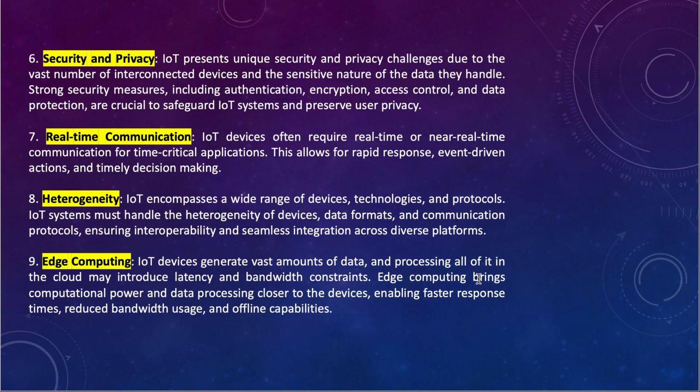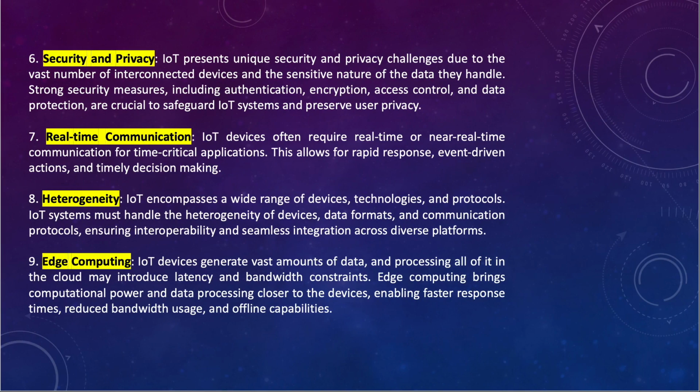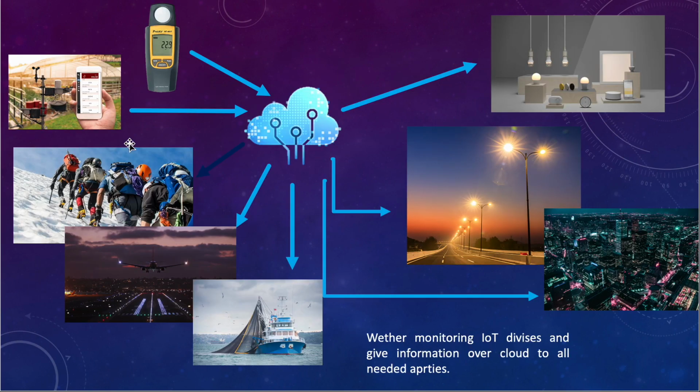Then heterogeneity, right? It encompasses a wide range of devices, technologies, and protocols. If you take a single scenario, a weather related IoT system, there will be different kinds of devices: one to detect the sunlight, one to detect humidity, one to detect the wind speed, one to detect the moisture, one to detect the temperature, and so on.